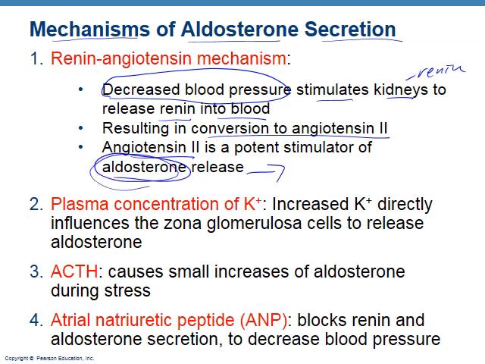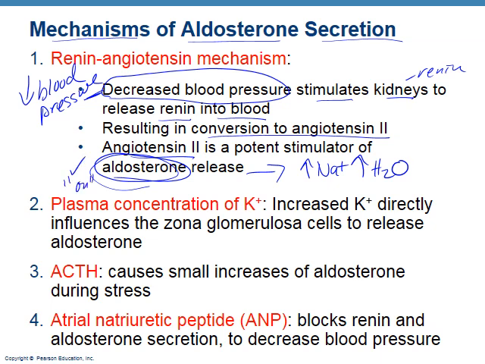And if aldosterone is released, you reabsorb sodium and you reabsorb water. So if your blood pressure was decreased, aldosterone turns on, and what do I do? I reabsorb sodium, I reabsorb water. What happens to my blood pressure? It's going to go up.